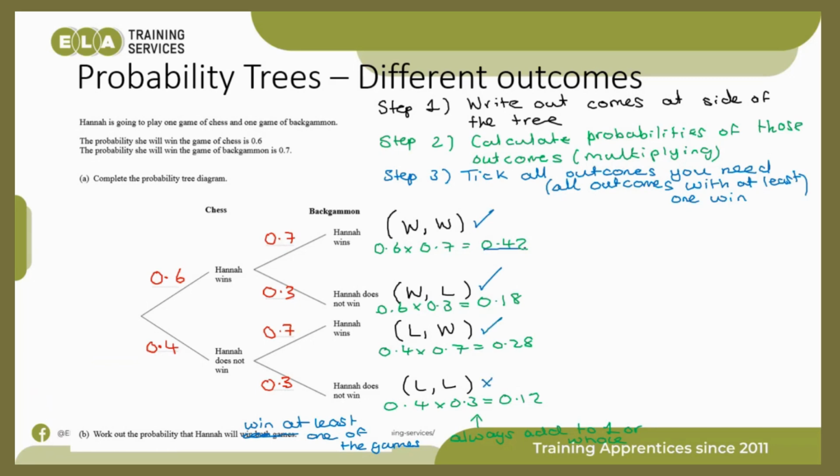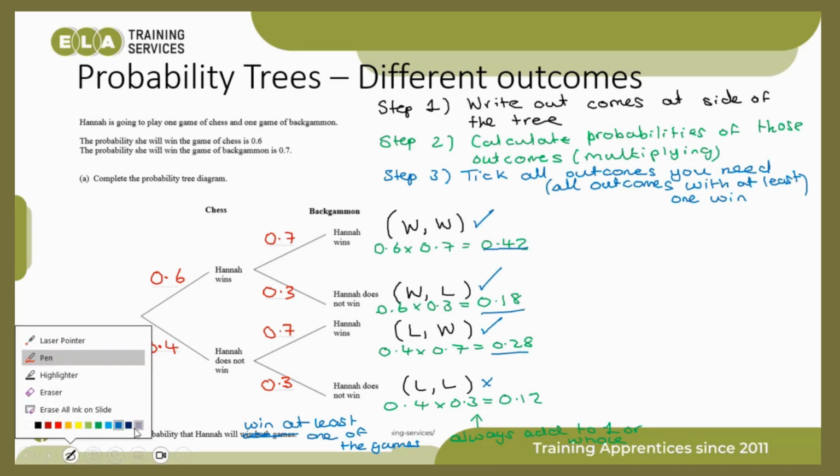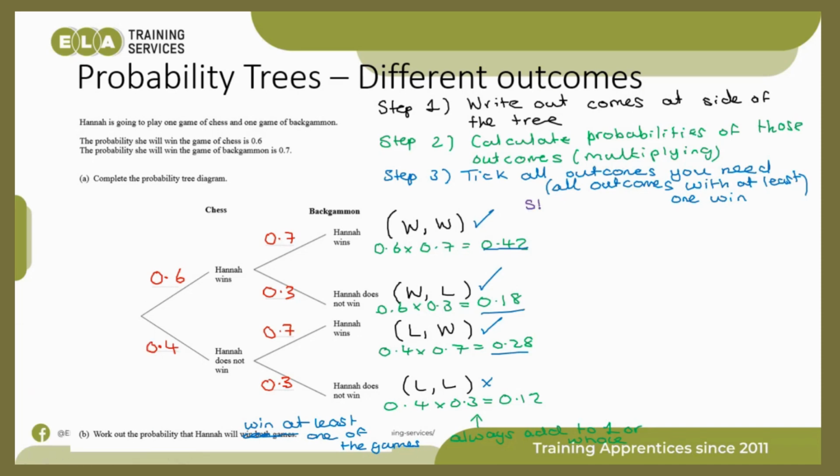So then we're left with these 3 probabilities. And then your final step is to add the probabilities you've ticked. Sorry, step 4 is to add probabilities.